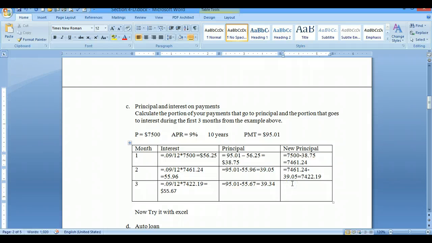So then I take my prior principal, $7,422.19, subtract the 39.34, which will give me a new principal of $7,382.85.